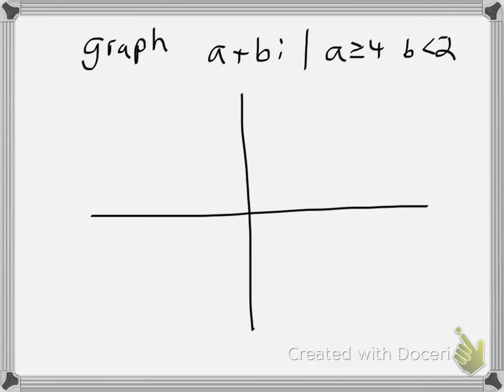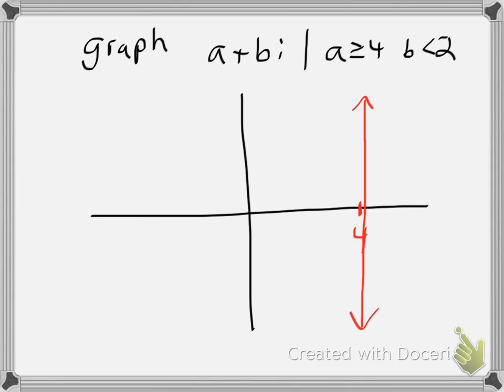So I'm going to find 4. There it is. And first of all, I'm going to draw a straight line because it's greater than or equal to. So I'll draw a vertical line. And vertical because it's on the x, well, what's the equivalent of the x-axis.